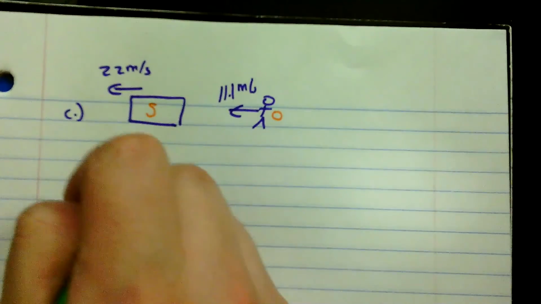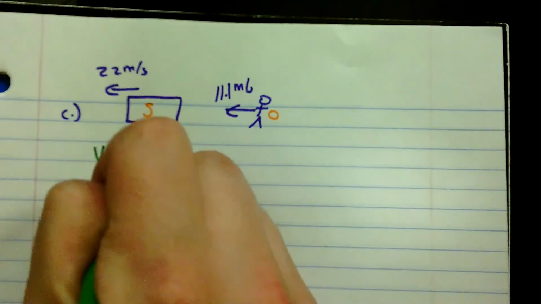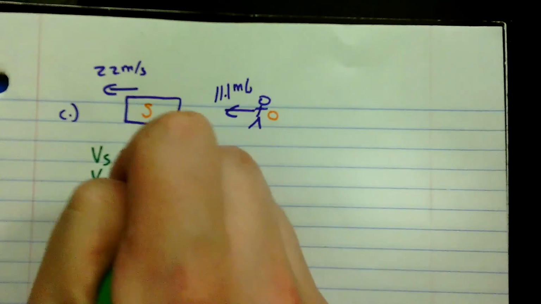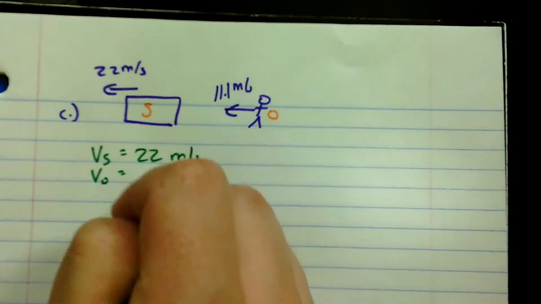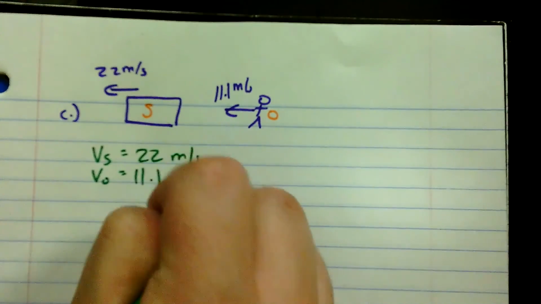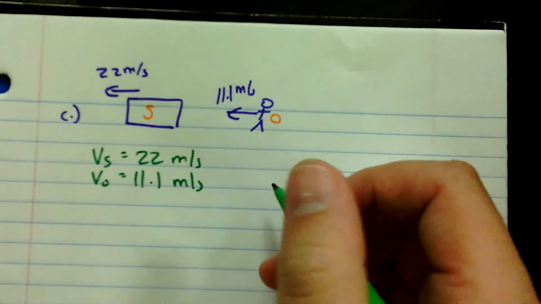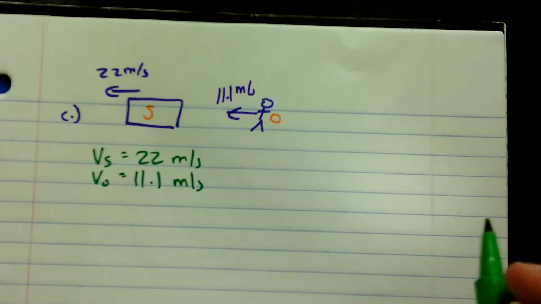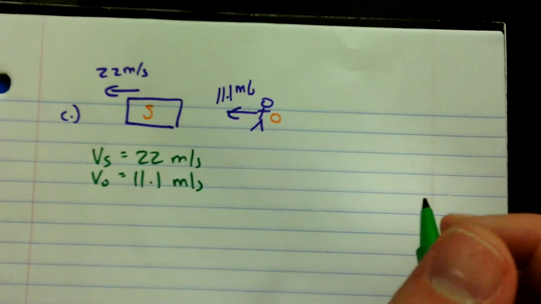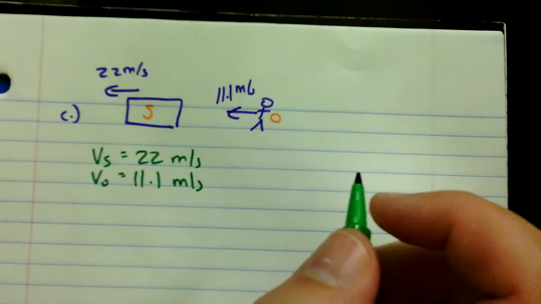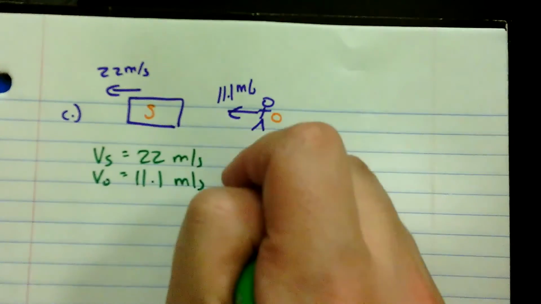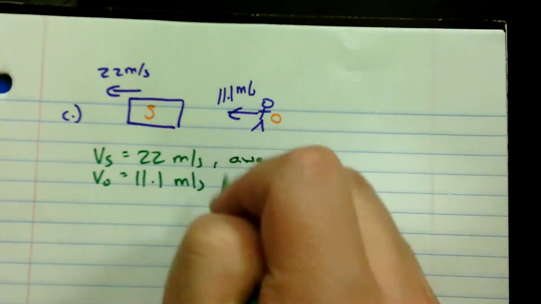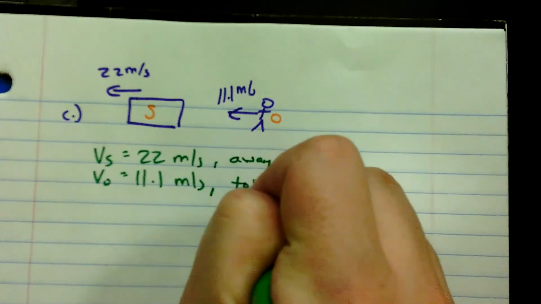The reason I think it's helpful to have a picture here is because, I think we can agree that the velocity of the source is 22 and the velocity of the observer is 11.1. But are these toward or away? Are they both away? No, the source is going away from you, but the observer is running toward the source.